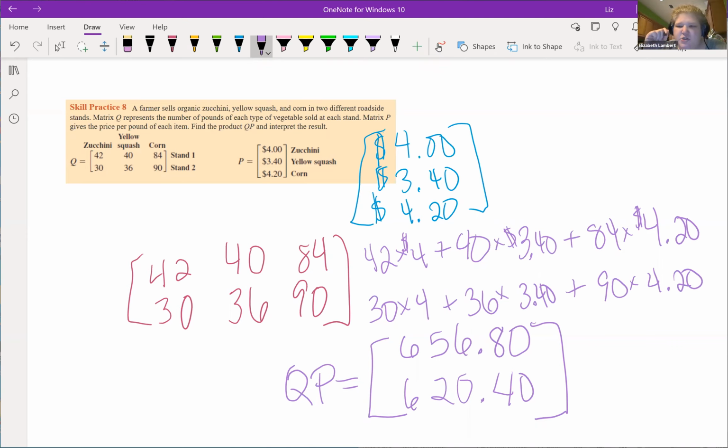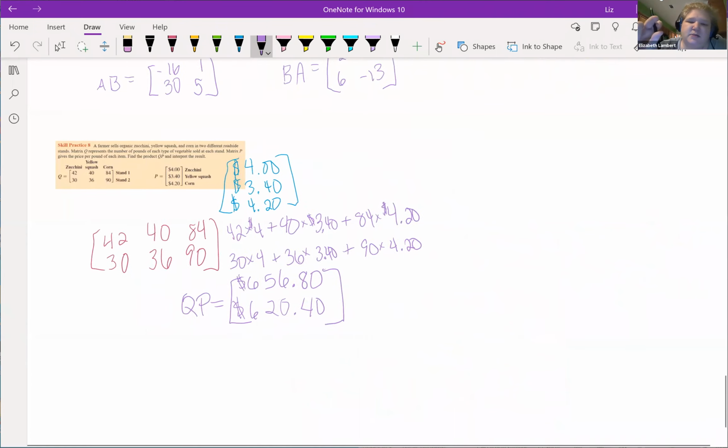The first stand earned more than the second stand. Stand 1 earned $656.80. Stand 2 only earned $620.40. Still together, that's not a bad haul. All right. So that is our last question.